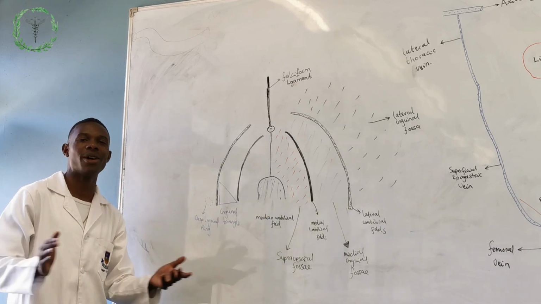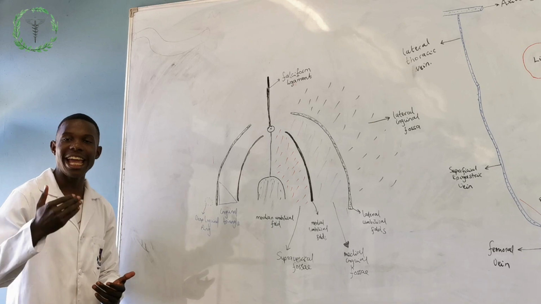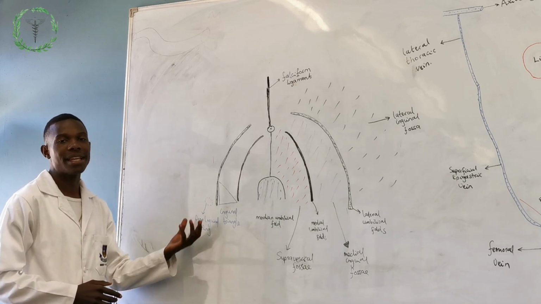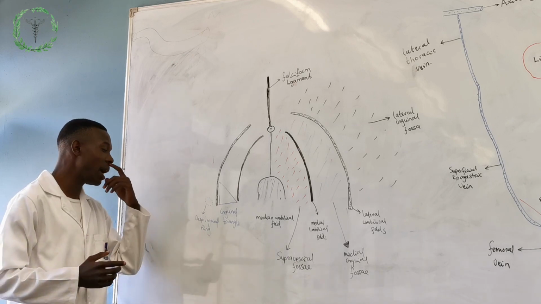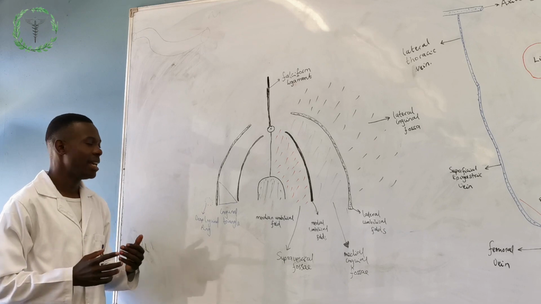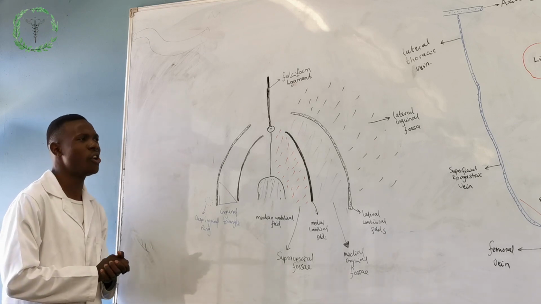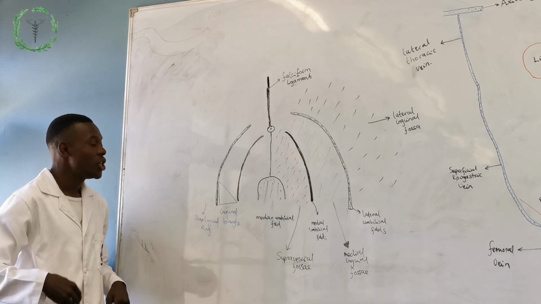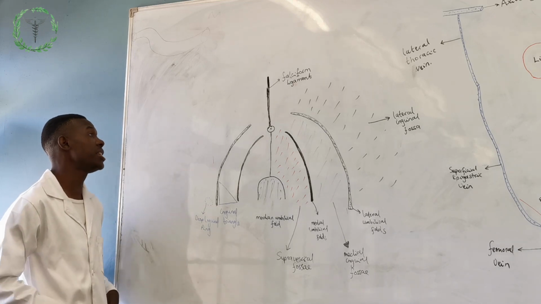What is in the lateral umbilical fold? The inferior epigastric vessels. So the deep inguinal ring is lateral. That's the potential site of indirect herniation, which is common. We are going to have another video about indirect and direct herniation, so you get to appreciate this more.